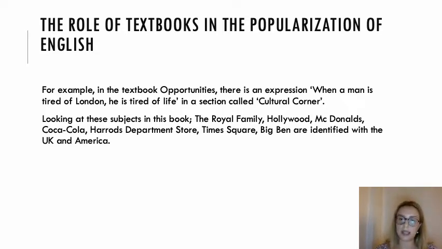For example, in the textbook Opportunities, there is an expression, when a man is tired of London, he is tired of life, in a section called Culture Corner. Furthermore, looking at the subjects in this book, the royal family, Hollywood, McDonald's, Coca-Cola, Harrods Department Store, Times Square, and Big Ben are identified with the UK and America.